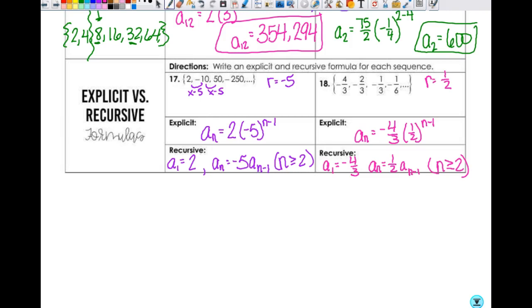So when you're done, if you agree with me, then grab your other piece of paper. If not, ask me questions.